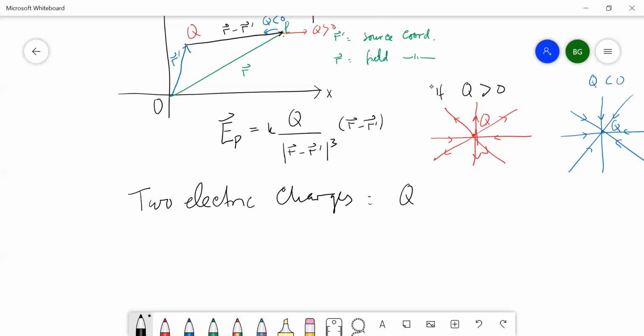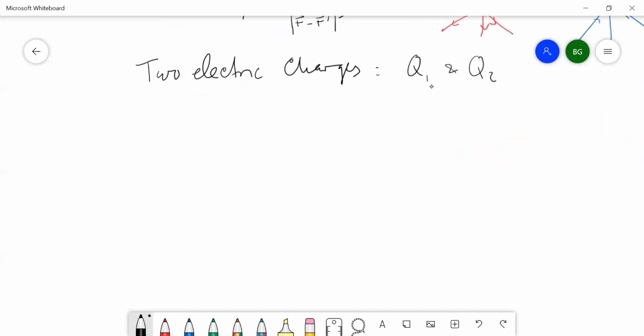Let's say Q1 and Q2. This is the origin, this is Q1 and this is Q2, with their positions R1' and R2'.